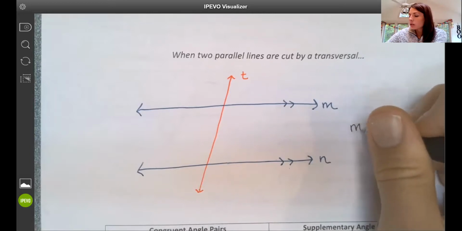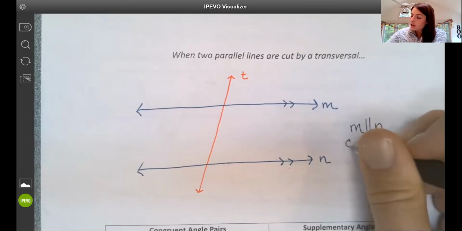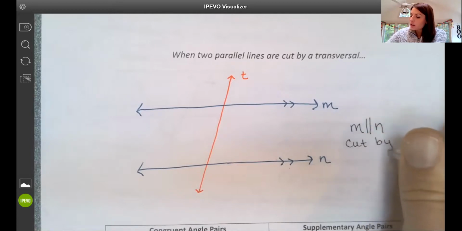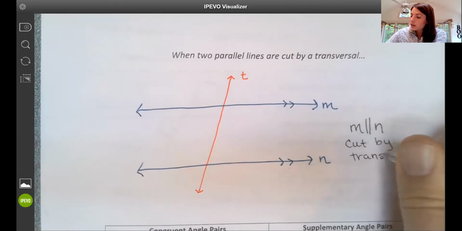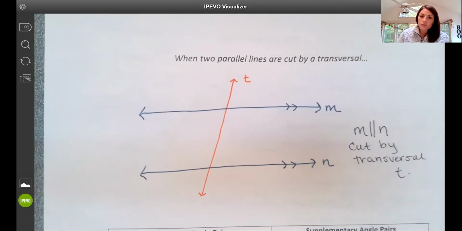And we talked about this notation, so I can say M is parallel to N, and it is cut by transversal T.